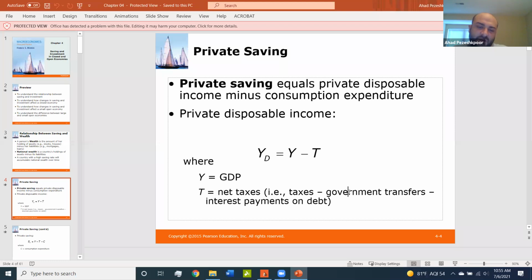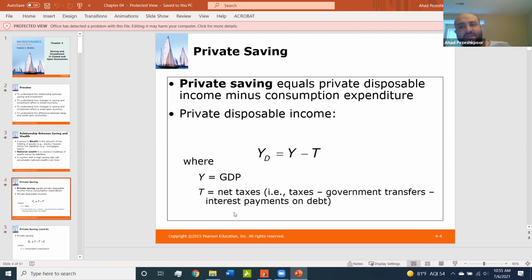For example, if I am receiving stimulus checks, that would be deducted from taxes because it's coming back into my pocket. It would be my disposable income. Or if I'm receiving bailouts, which is another form of stimulus checks but for corporations, that is also deducted from taxes because it's coming back into the pockets of the private sector.